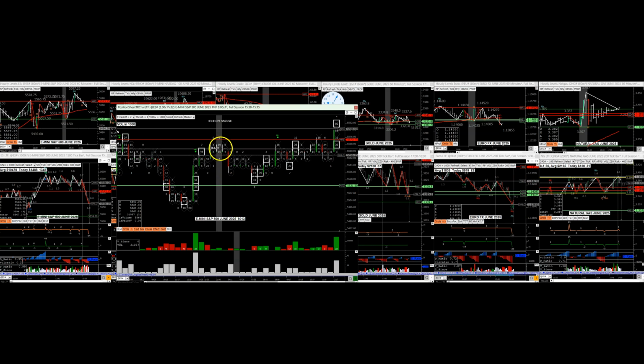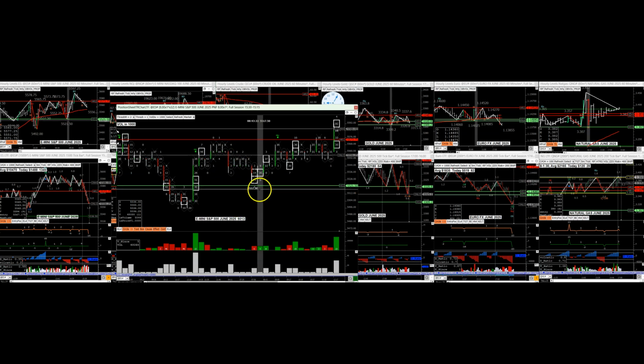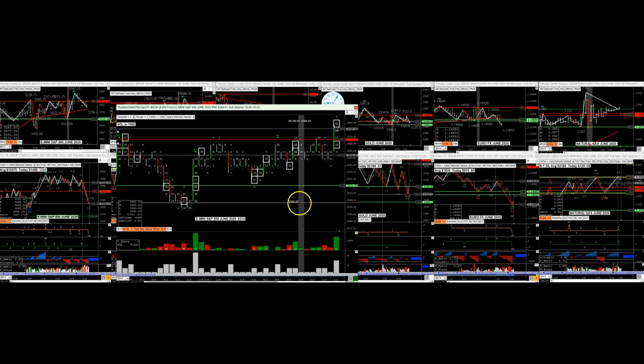The third thing to note is what happens there at your level of interest. The fourth thing is, is there effort? Is there a high volume print with little or no follow through? If so, we've encountered, in this case, demand. If it was upside down, we've encountered supply, and then ease of movement to the upside, creating the reversal. Okay.